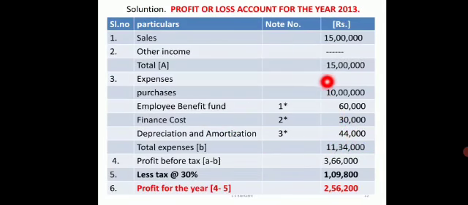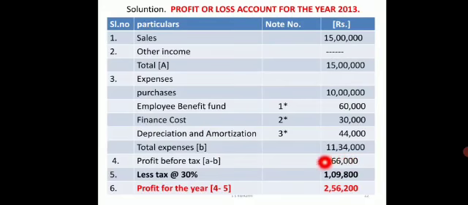Now we'll add all the expenses of purchases, employee benefit fund, finance cost and amortization. It will come to 11,34,000. Now we have to see what is the profit before tax. So I should subtract B, the expenses, from A. It amounts to 3,66,000.